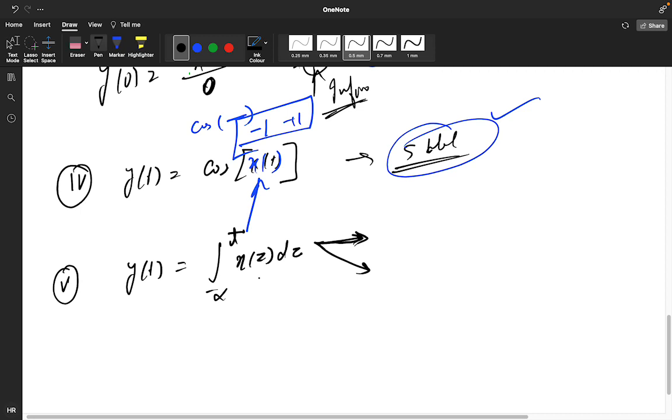So see, if I am taking x of t, two different sets of input I am checking, and this is my y of t.